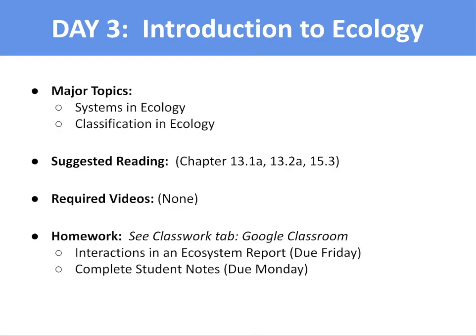And now today we're going to be looking at systems and classification in ecology. If you wanted to look at your text, this is coming from 13.1, 13.2, and 15.3. That's where the material from these sections come from.